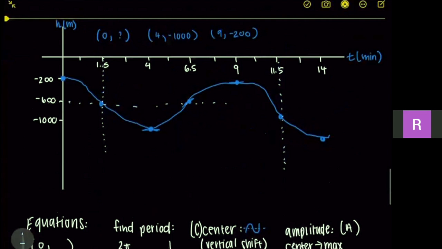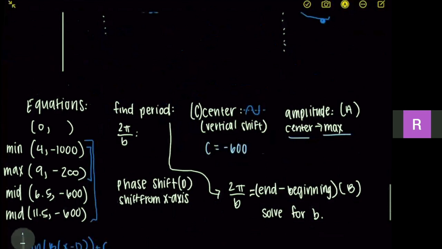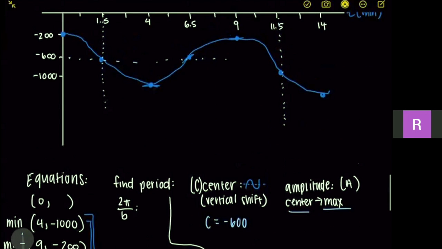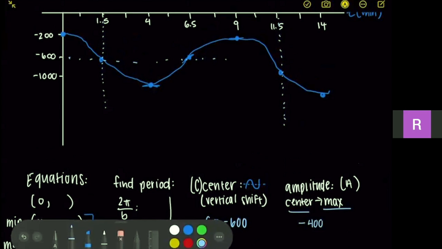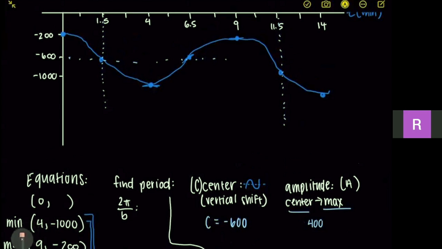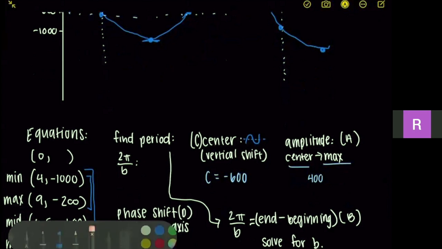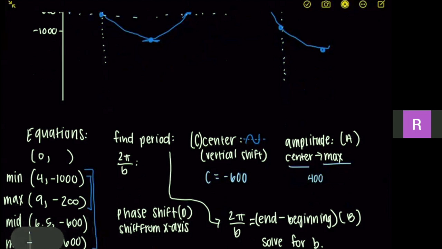So it's going to be from -600 to -200, and that's going to be 400. It can just be positive because it doesn't matter which way it goes. So we're going to have that A is equal to 400.